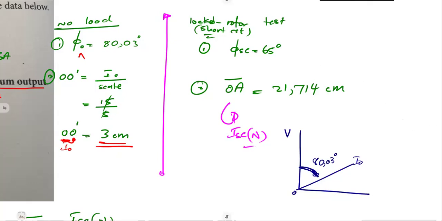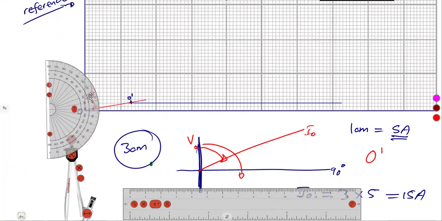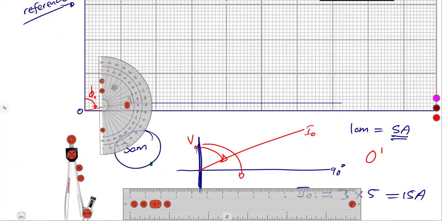Our locked rotor test, the angle 65 degrees, the one that we approximated from 64.96. We saw that, guys, to measure 64.96, very difficult. So just approximate to 65. So we must measure 65 degrees from the reference line, just like the previous case. Going this side, you measure 65 degrees.